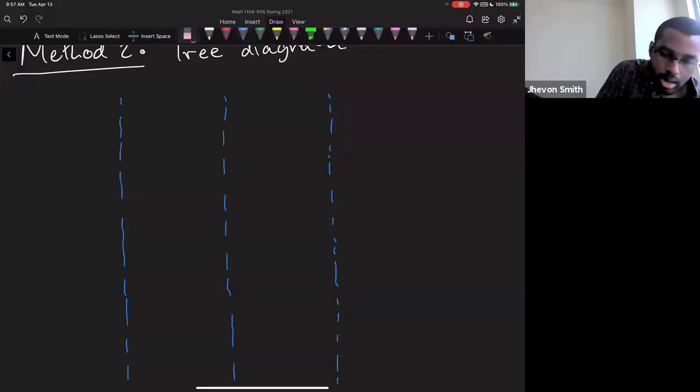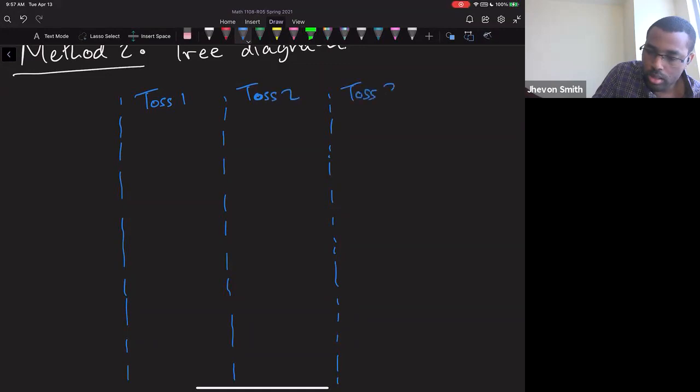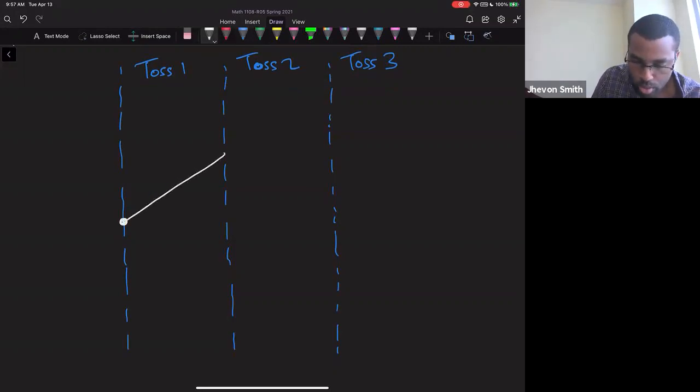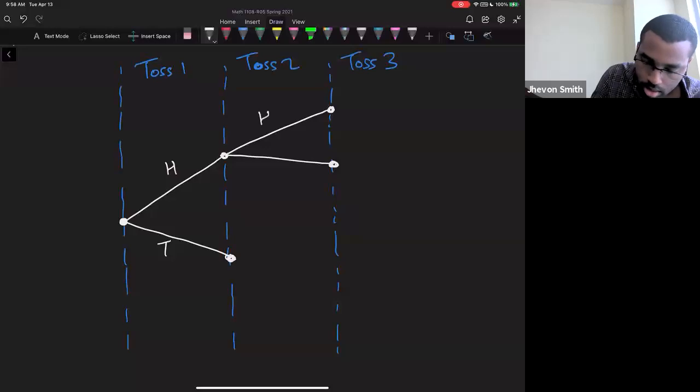Okay, so you can have toss 1, toss 2, toss 3. And remember, the experiment starts at some point, and then it branches off into the 2 possibilities. So in the first toss, you can go either heads or tails. In either situation, you can go either heads or tails in the second part.